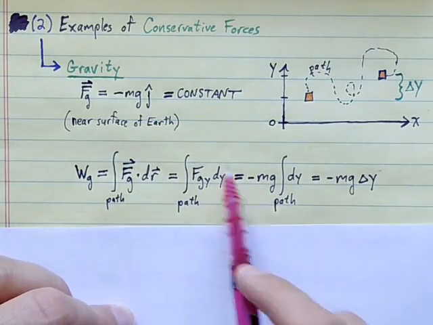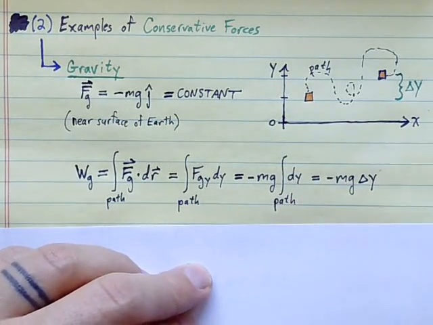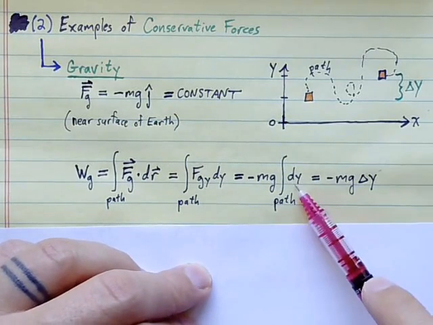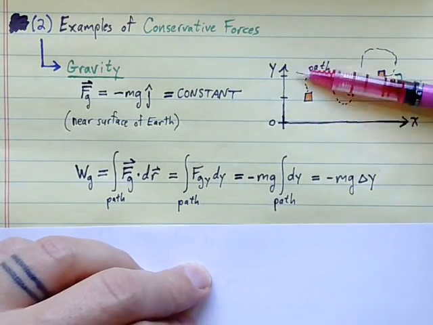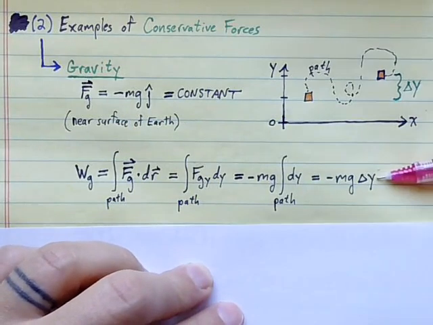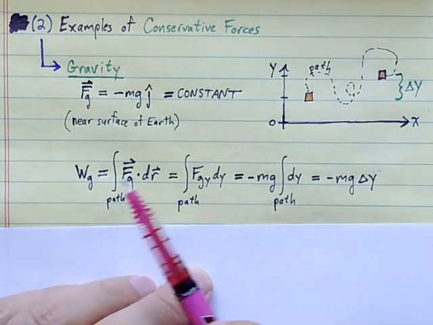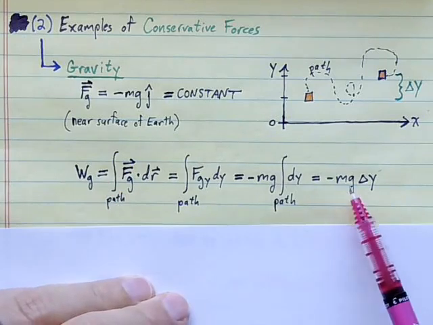That's a constant, so we can pull it out of our integral, and we're left with the integral of dy over that path, adding up all the little changes in the y direction, all the little vertical displacements, gets us the overall or big vertical displacement delta y. So there's our expression for the work done by gravity: minus mg delta y.